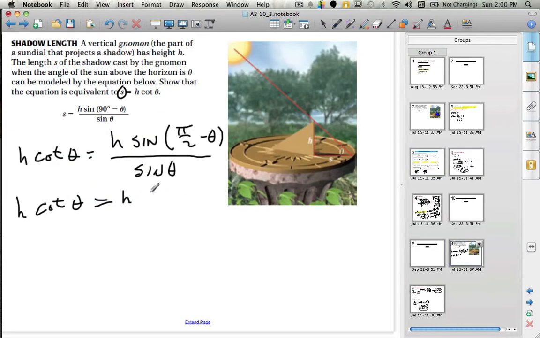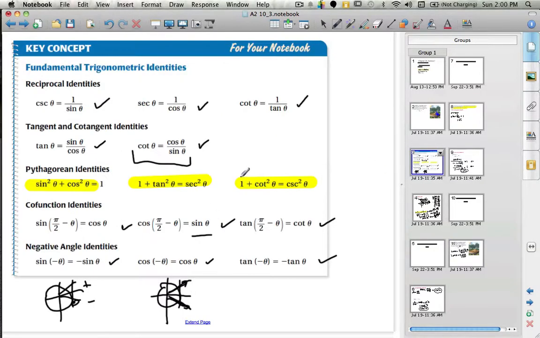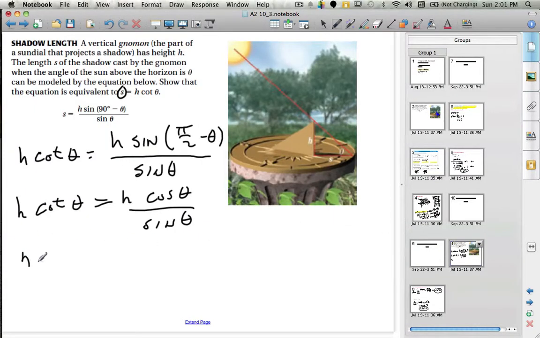So I'll have h times cosine of theta over sine of theta. Well, cosine of theta divided by sine of theta is cotangent of theta. So I'm going to pull the h out here, and cosine over sine is cotangent.